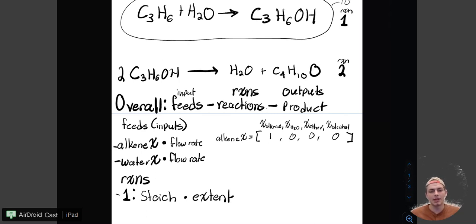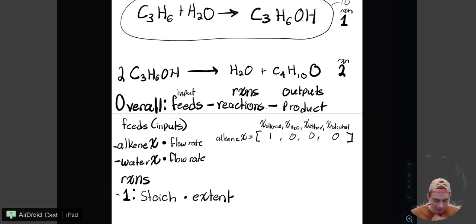And by multiplying by the extent, again, stoichiometry should basically be unitless. Extent will be in moles, so now we're talking about how many moles are going to be entering or leaving the system.